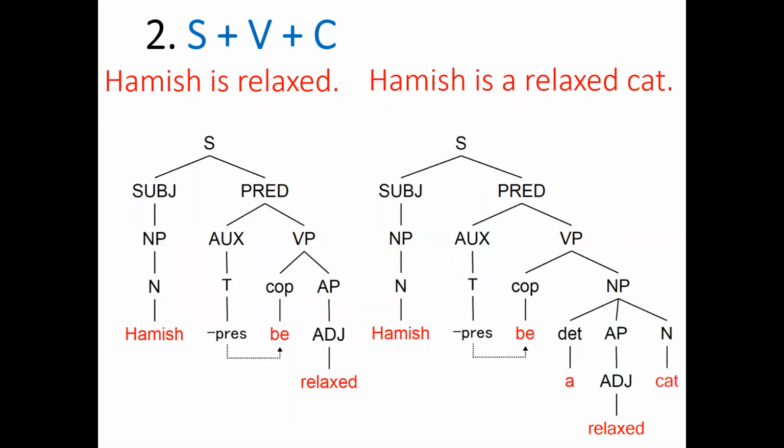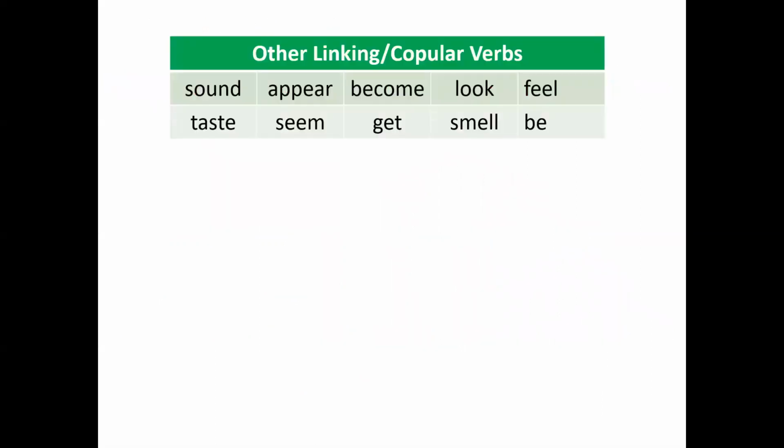So as you can see, in the SVC pattern, a complement can be either an adjective phrase or it can be a noun phrase. But the subject and complement must be connected by a particular copular verb. And so here are some other copular verbs.